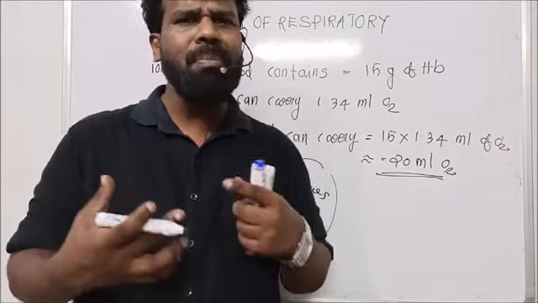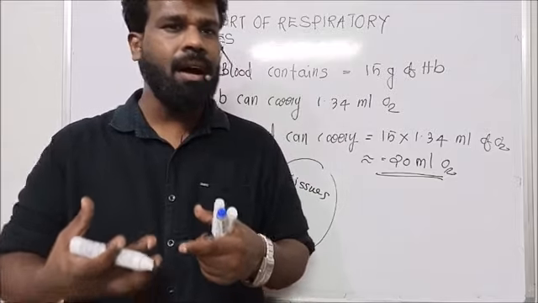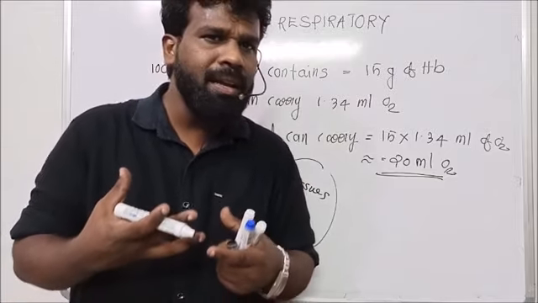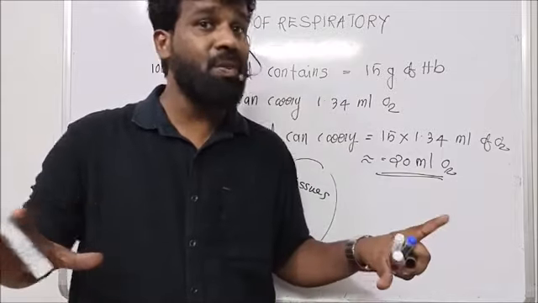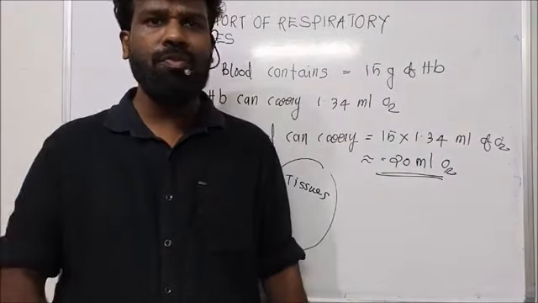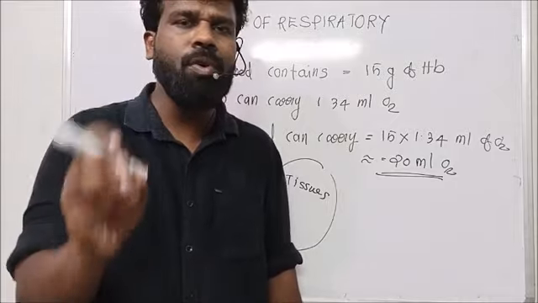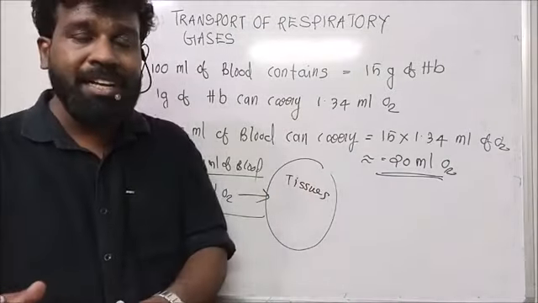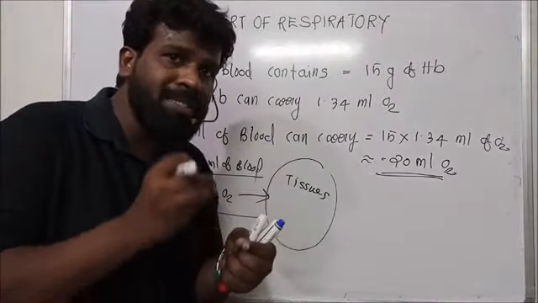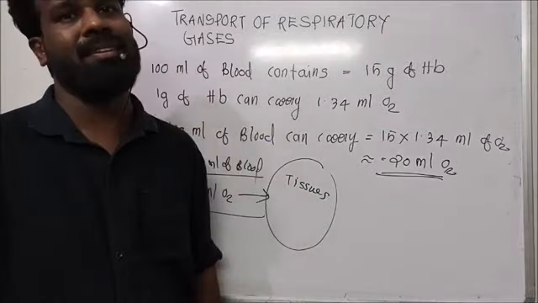But under the normal physiological condition, our body requires only a lesser amount of energy. That means the body requires only a lesser amount of oxygen for the production of energy.